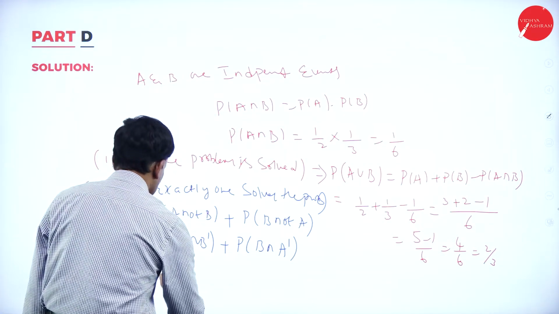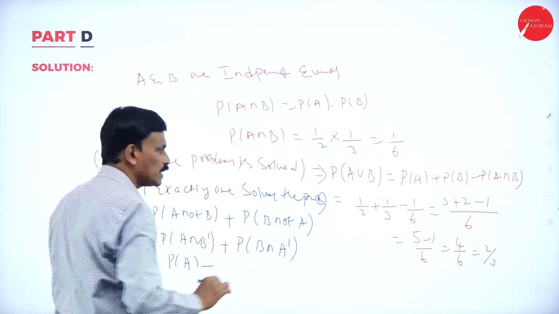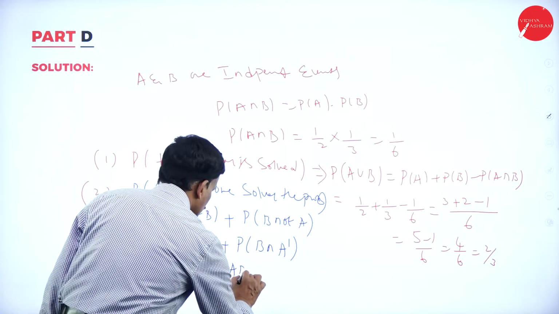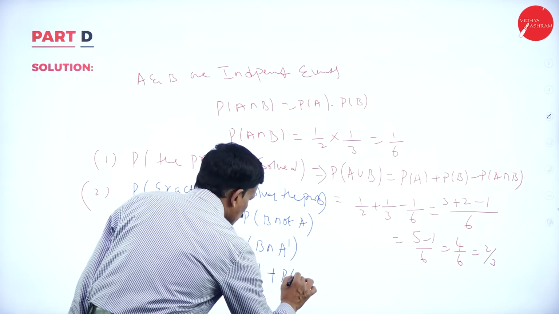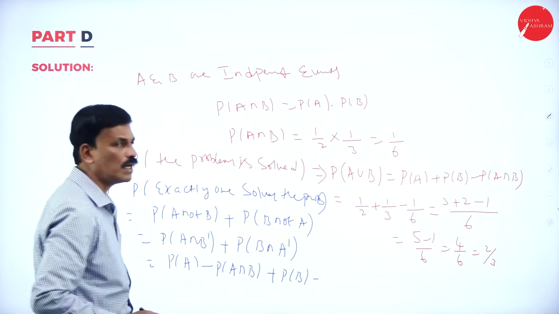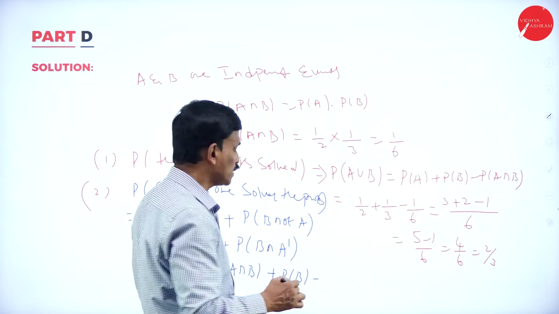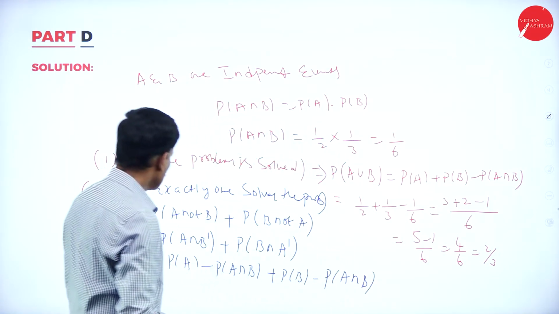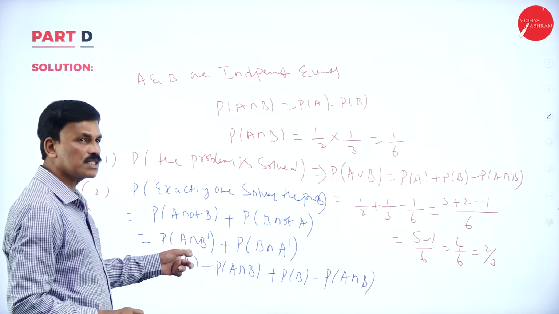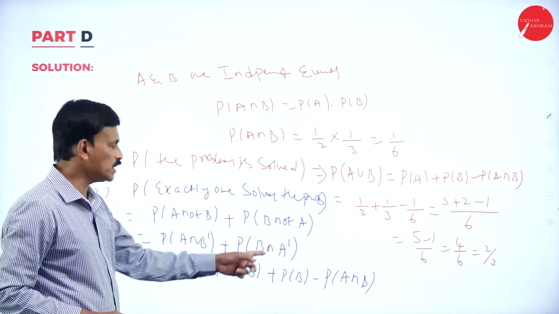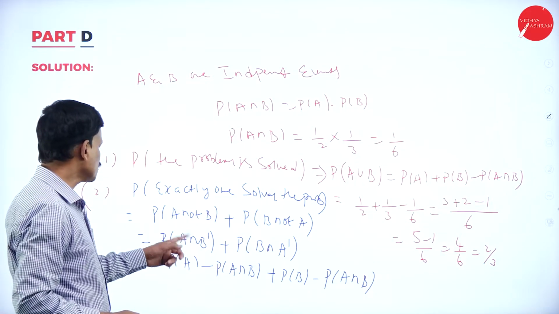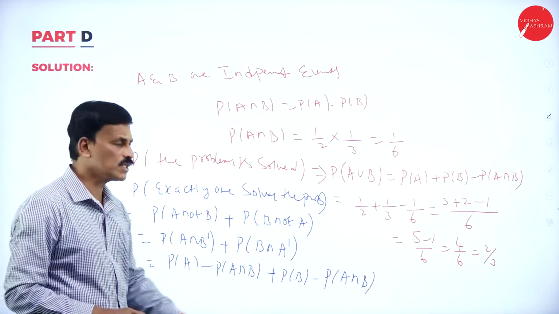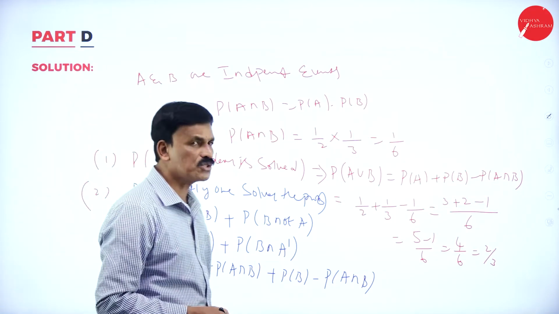This can also be written as probability of A minus probability of A intersection B, plus probability of B minus again probability of A intersection B. See here, the probability of A not B is A intersection B dash. Probability of B not A is nothing but B intersection A dash. Substitute, you will get the answer.